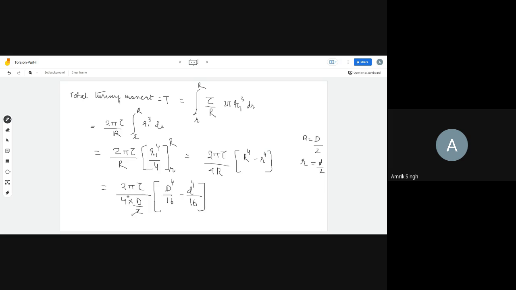The 2 will cancel, so you will have pi into tau, the 16 D coming outside, D to the power 4 minus d to the power 4.